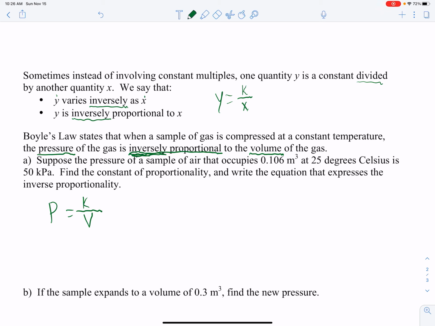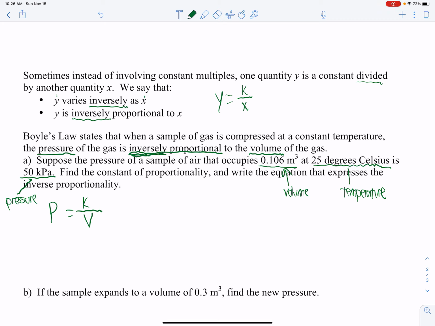So we need to figure out what to put in for P and what to put in for V. So let's look at these numbers. This 0.106 cubic meters, that's a volume. The 25 degrees Celsius, that's a temperature. And the 50 kPa is a pressure.